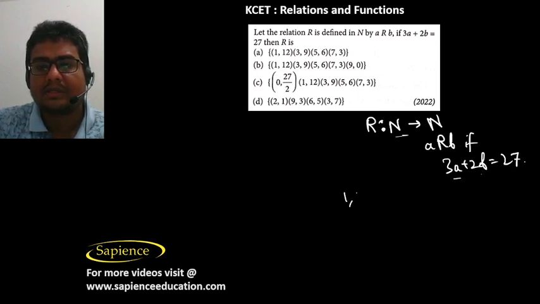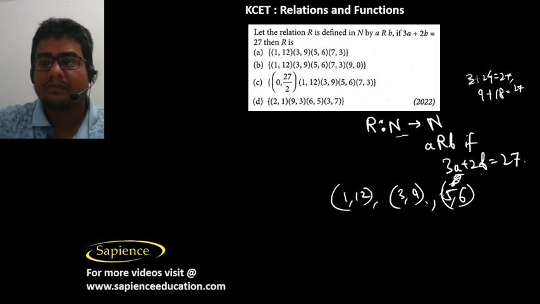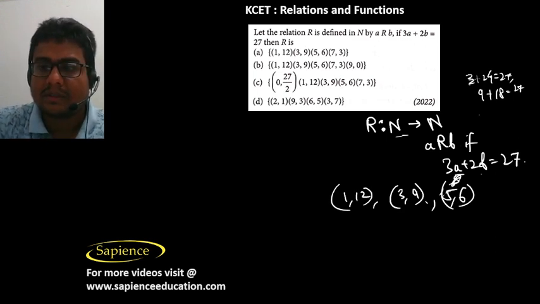So I can take 1 and 12, since 3 plus 24 is equal to 27. And then we can take 3 and 9 also, since 9 plus 18 is equal to 27. And we can take 5 comma 6 also, since 3 times 5 is 15 plus 6 times 2 is 12, that is also 27.